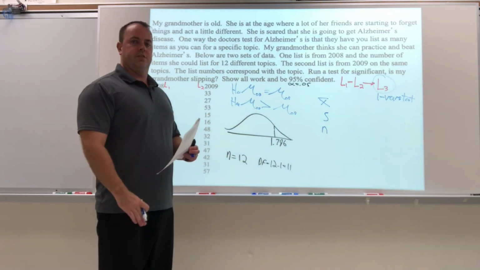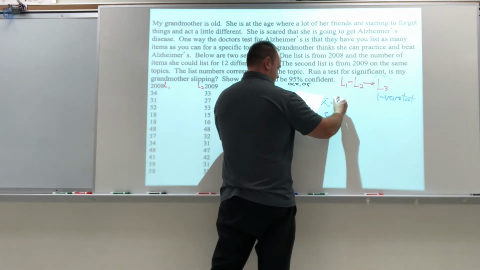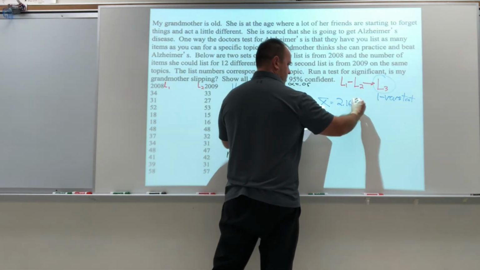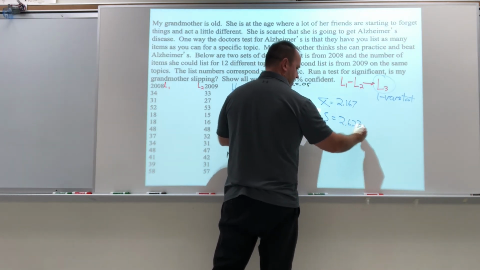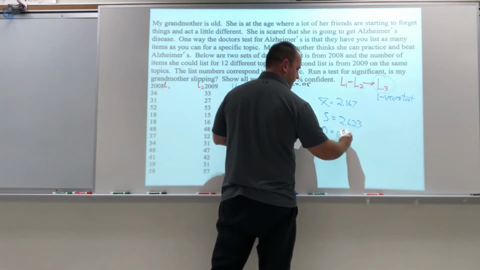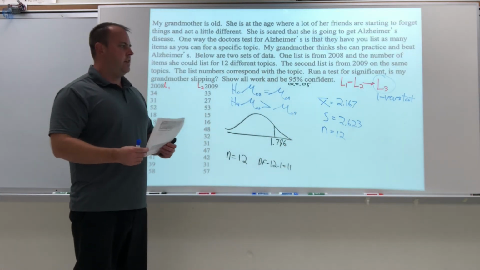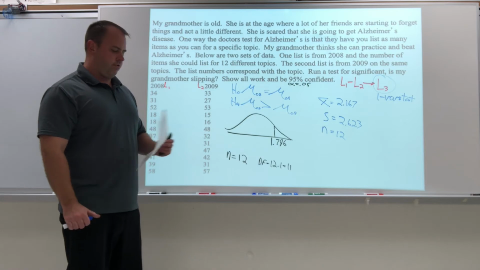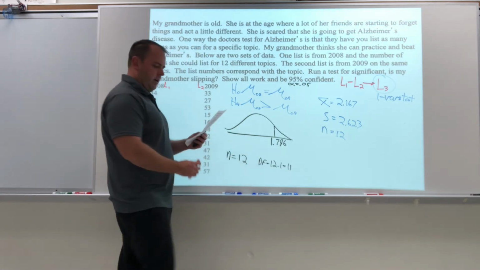If you want, stop and go do that real quick. Make sure our numbers match up. Okay, we should have a sample average of 2.167, a standard deviation of 2.623, and a sample size of n equals 12.